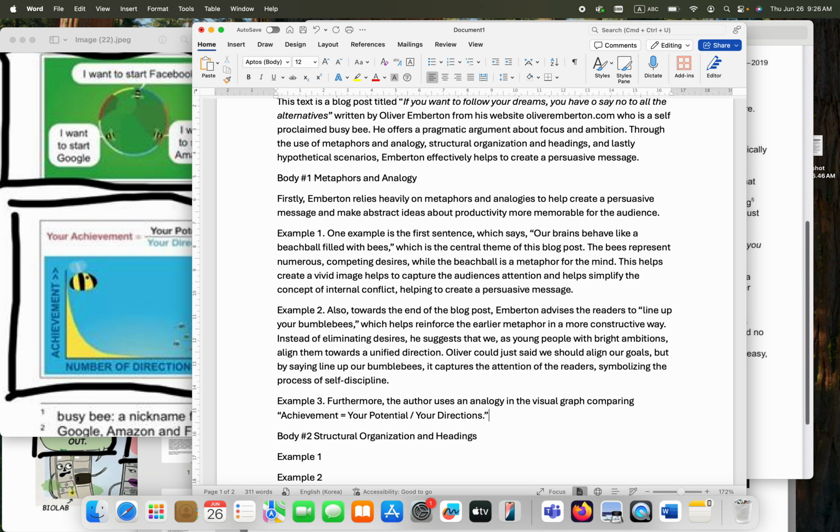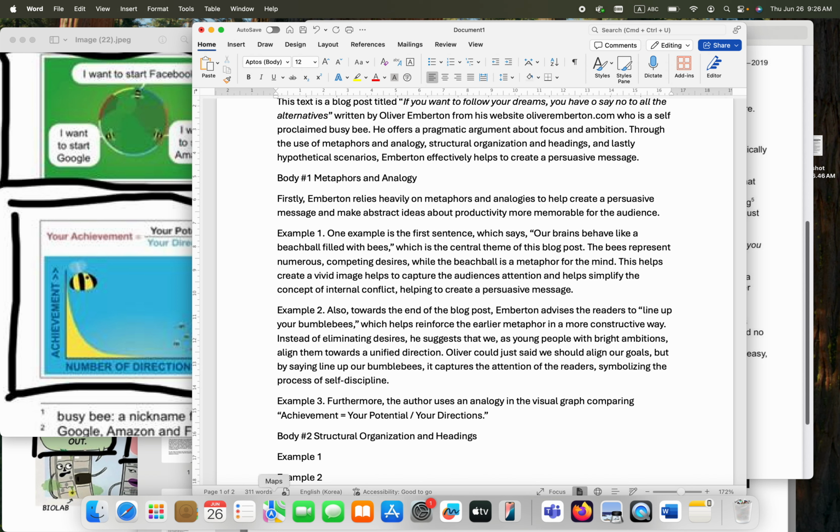Alright, so what does this show? Well, this equation helps present the abstract idea, right? In a more simple mathematical formula. And then also, what does it do? Well, it helps appeal to the reader, right? While still reinforcing the central metaphor of direction and movement.